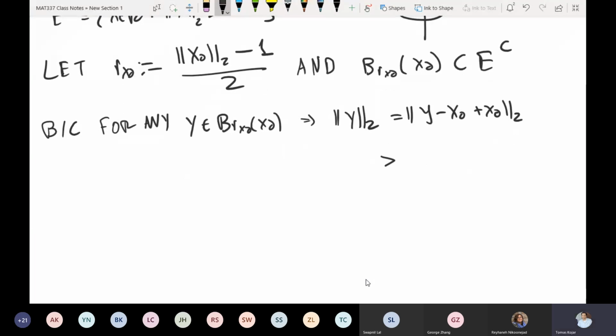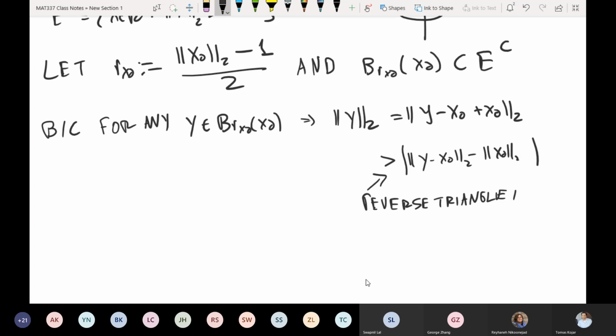I want to do the reverse triangle inequality. In 1D, this one says that |A minus B| is bigger than |A| minus |B|.